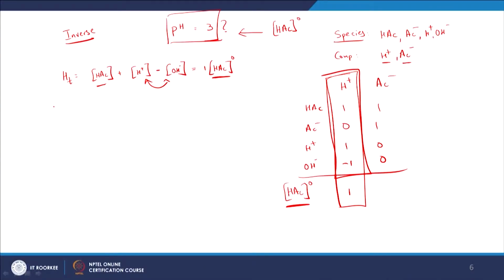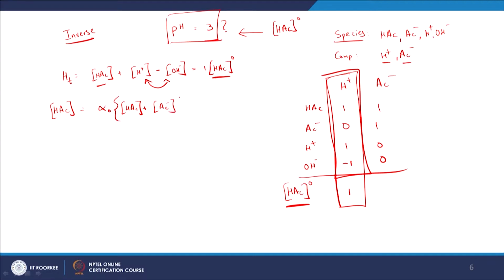So, how do I go about it? Keep in mind that we can try to approximate that by using ionization fractions. What is HAC in terms of ionization fractions? Alpha naught times the HAC concentration plus the AC minus concentration.